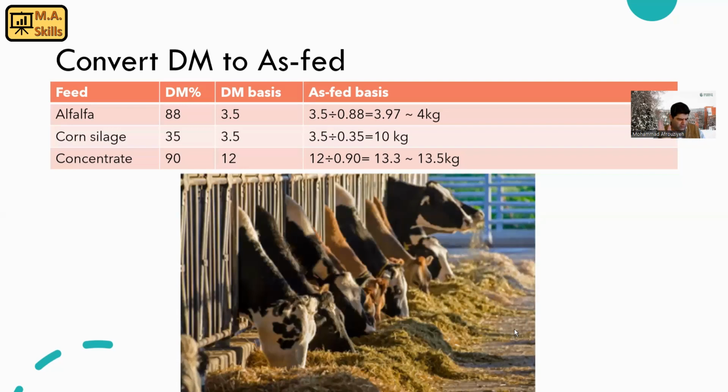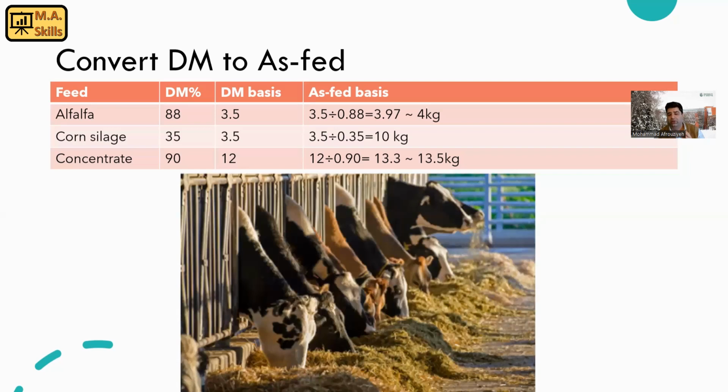One traditional idea is to feed the forage first and the concentrate after that, but the best way to feed your cows is to mix the forage and concentrate together and make the total mixed ration.